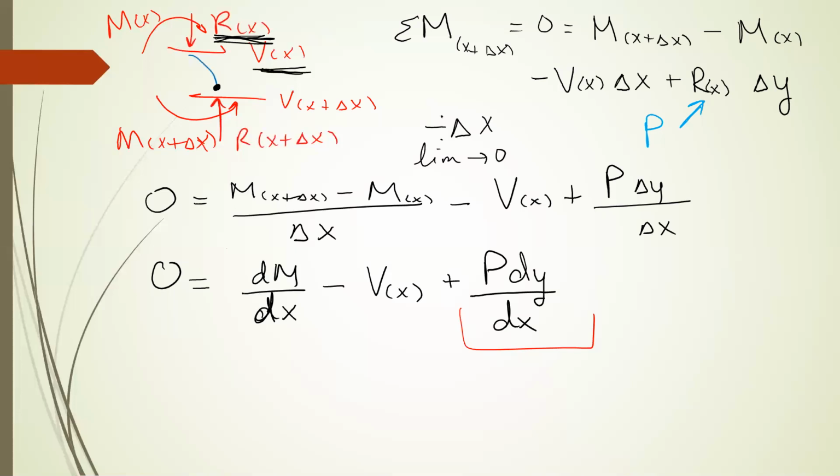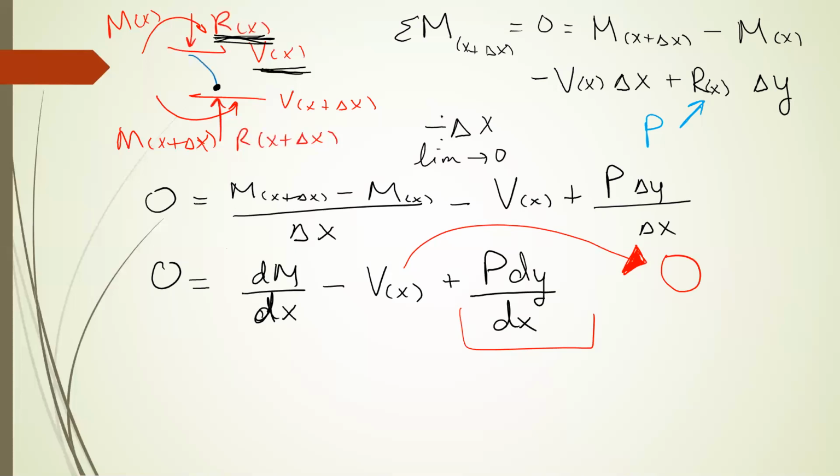So let me ask you, what is the value of V of x in this situation? Good. Because if we were to take the summation at any point, we get that the shear at the top is equal to the shear at the bottom, or the horizontal force is the same.